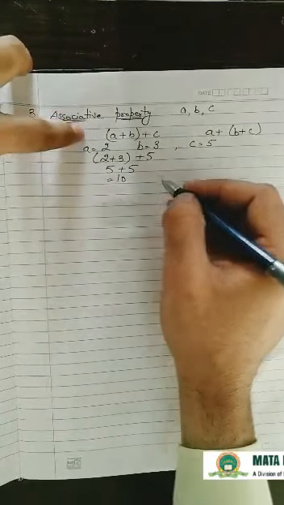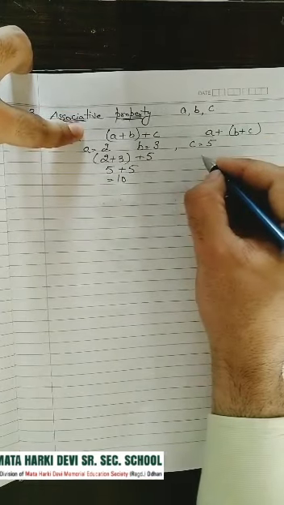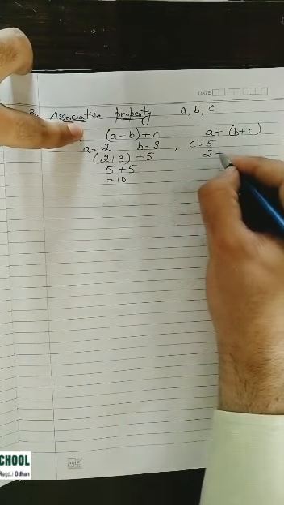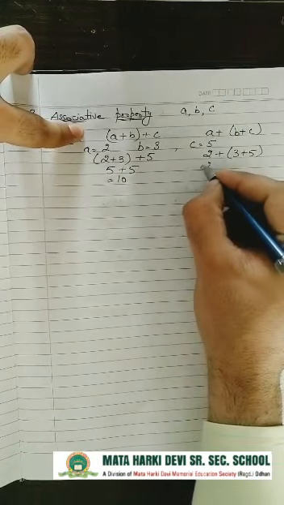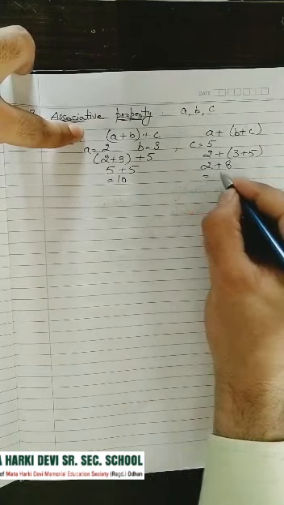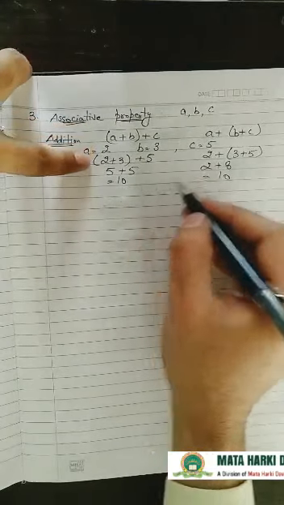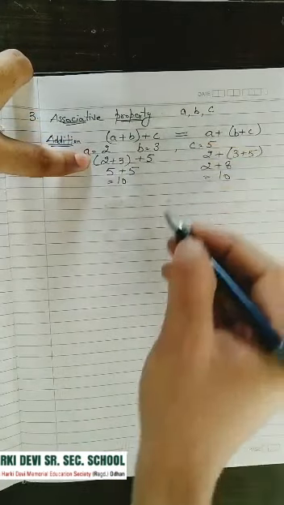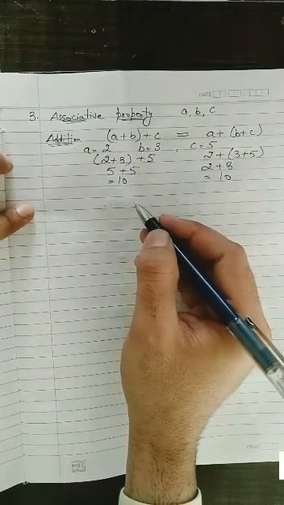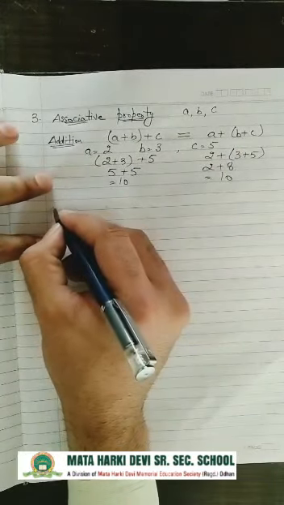Let us check this in the second case, A plus the sum of B and C. A is 2, 3 plus 5, 2 plus 8, the result is 10. So the result in both cases is equal, so we can say the associative property is applicable for addition. Okay, let us check this for subtraction.